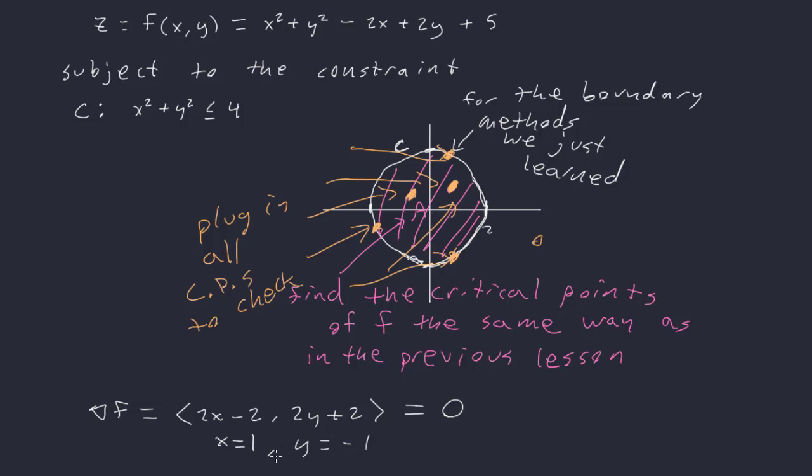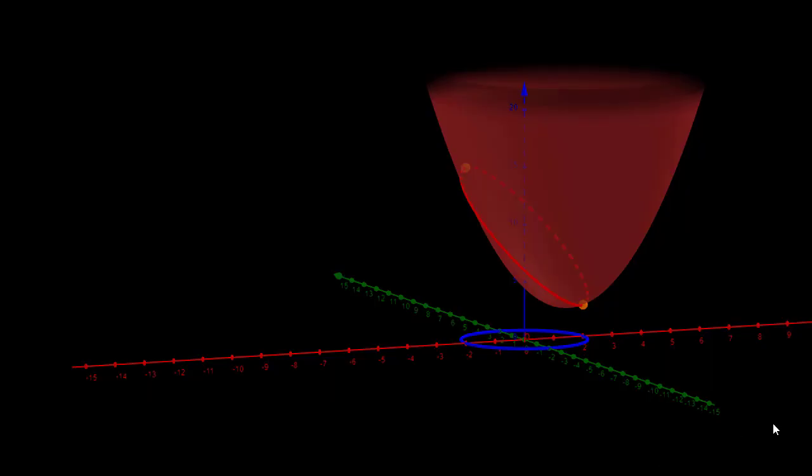So we'll end up with the point 1, -1. So 1, -1 would actually be like here-ish. And so f of 1, -1, when you plug that in, we'll get 3. So we'll have 1, -1, 3, and this should actually be the new absolute minimum when compared to what we found on the surface already.